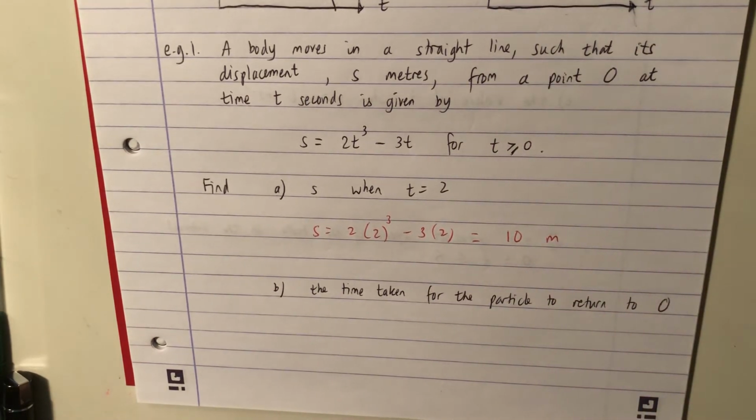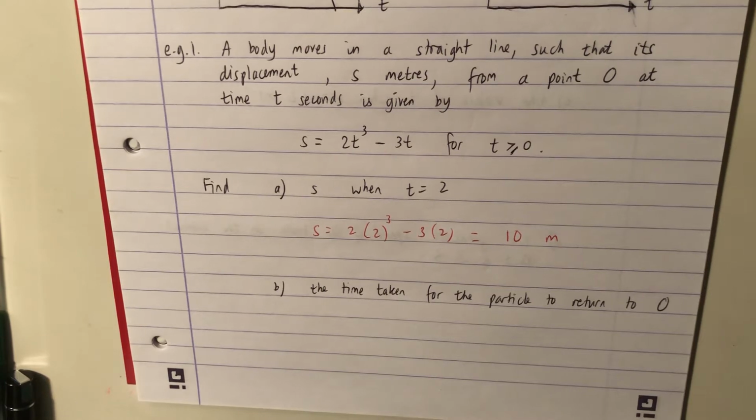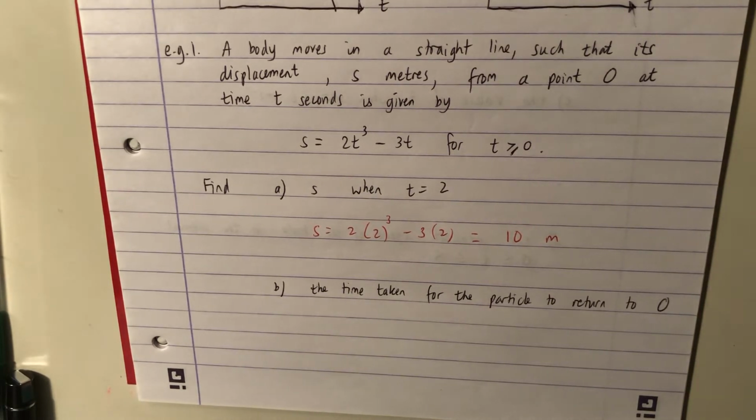And then part B, the time taken for the particle to return to the origin, to O. So remember, displacement is relative to some point, some starting point, which is O in this question. So you want to return back to O, so you'd like the displacement to be 0.